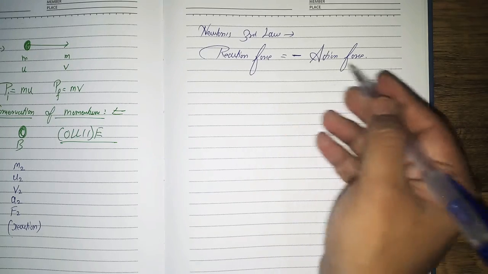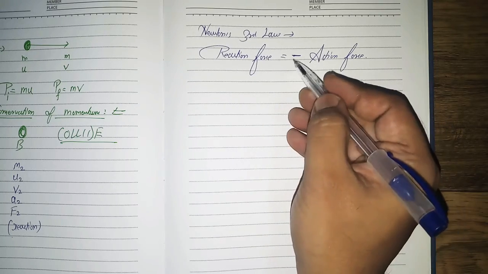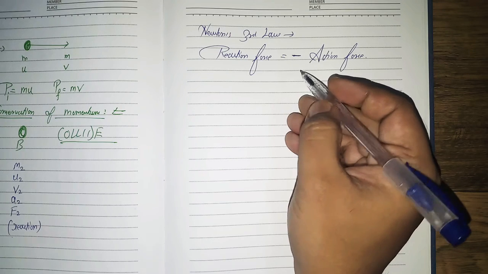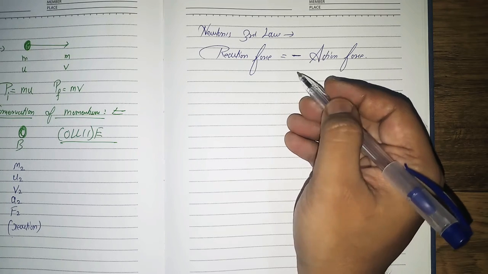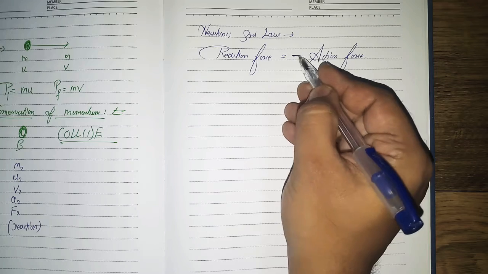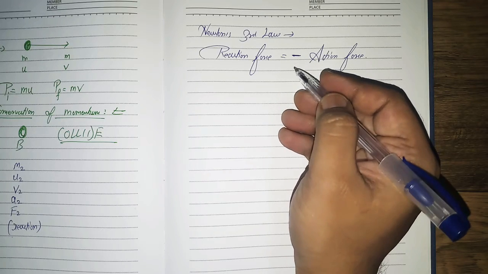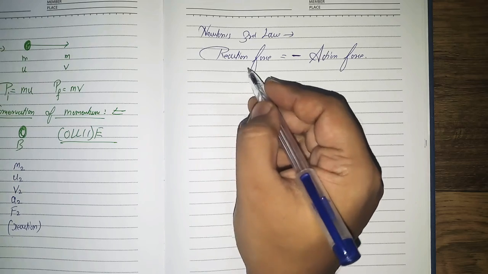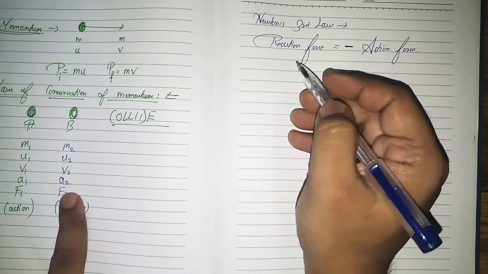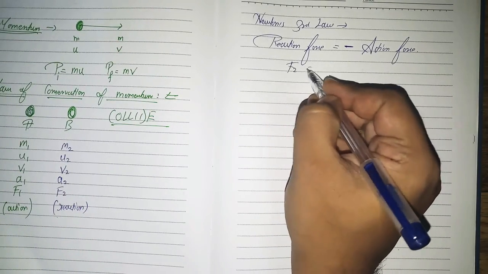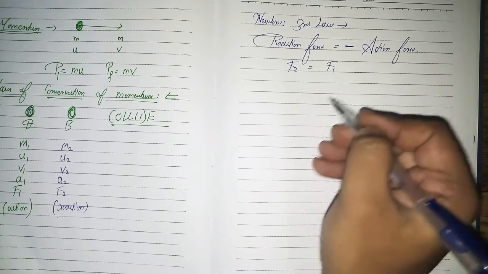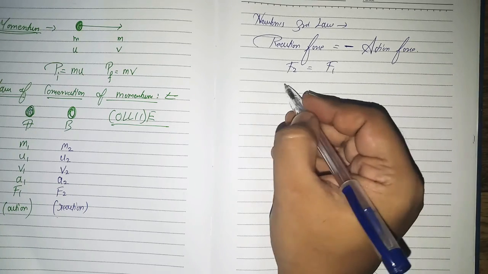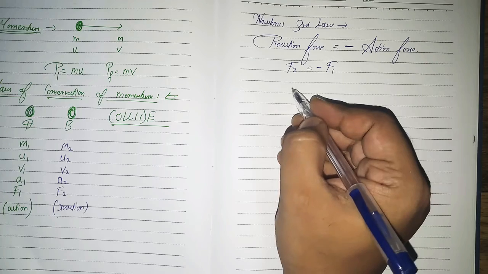So reaction force is equal to action force but they are opposite in direction. So we generally take minus sign when we have to show that something is in opposite direction. So what was reaction force? Reaction force was F2, and what was action force? F1. So this is minus.